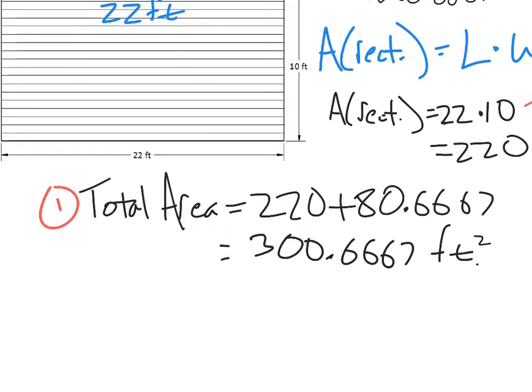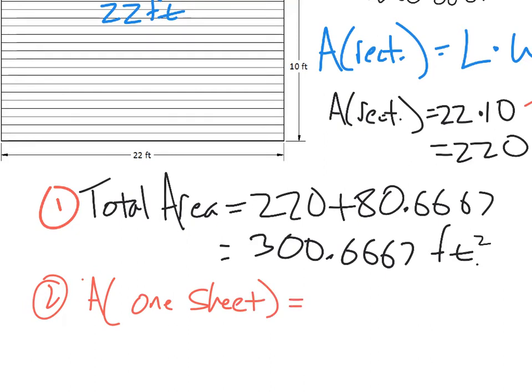Well, first thing we got to do is say, what's the area of one sheet of plywood? And the sheet of plywood is 4x8, so it's a rectangle. 4 times 8 is 32 square feet.